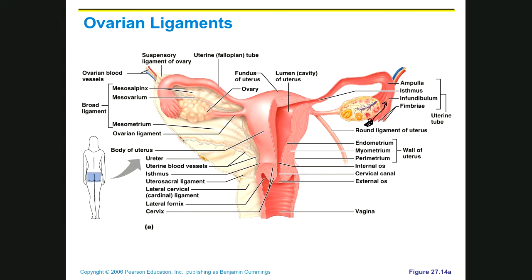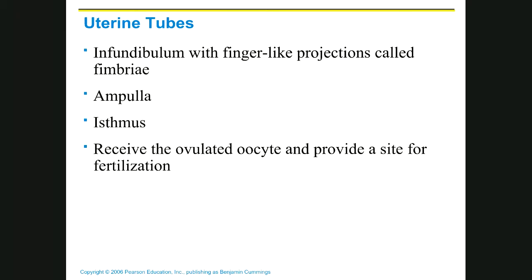We have to suck it in there or pull it in there. Otherwise, it just floats off and goes somewhere else. It's estimated that about 1/3 of all ovulations are lost. They don't enter this tube. And so these little finger-like projections help that to happen. And again, they're called fimbriae.